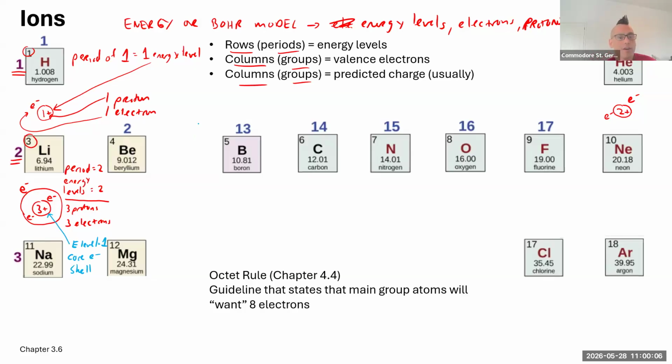The outside shell is called a valence shell. So this is a valence electron shell. Valence electron shell just means the outside electron shell or energy level. This is going to be the outside.